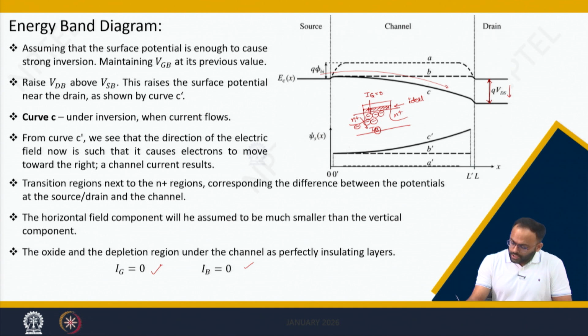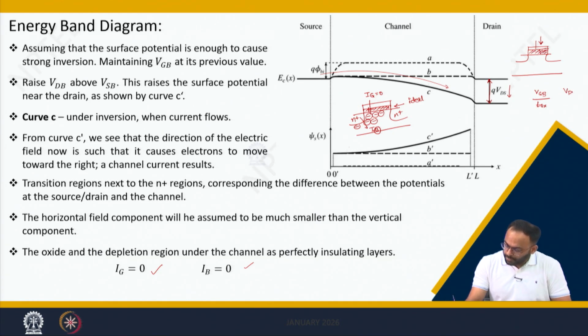Further, if you see, we do have two components of electric field in the MOSFET. One is vertical, which is due to the applied VGB divided by the oxide thickness, and one is the applied VDB divided by the channel length.